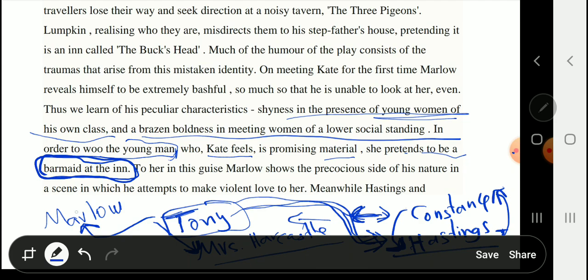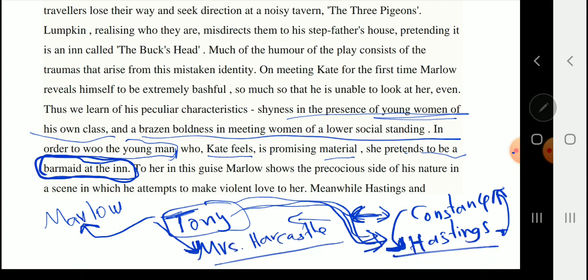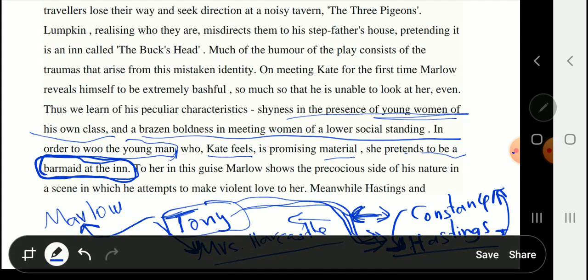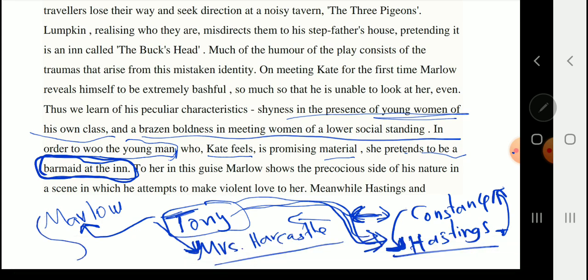Okay, and then Marlowe believed that Mrs. Hardcastle is a landlady of the inn, and that's why he gave her the jewels, to keep them.